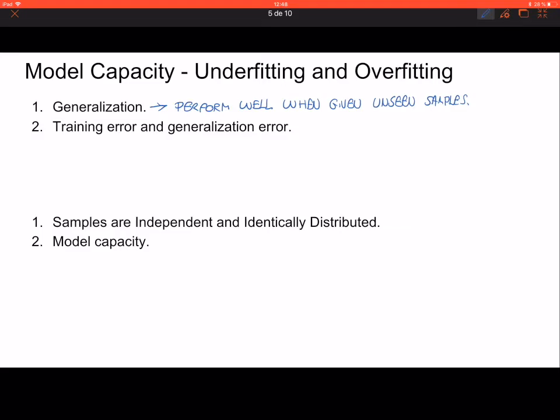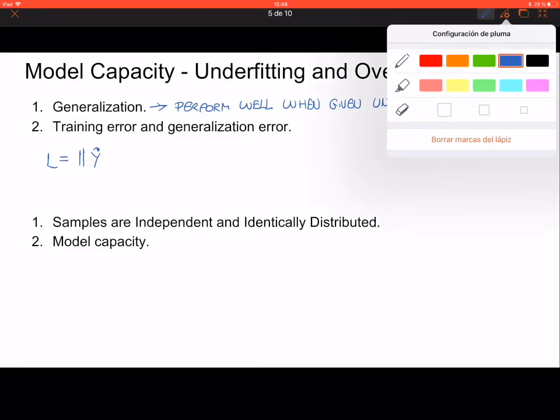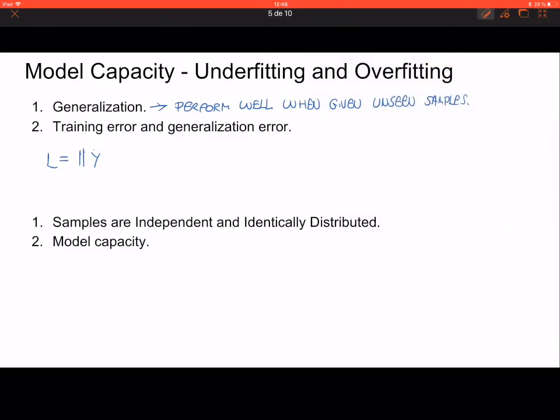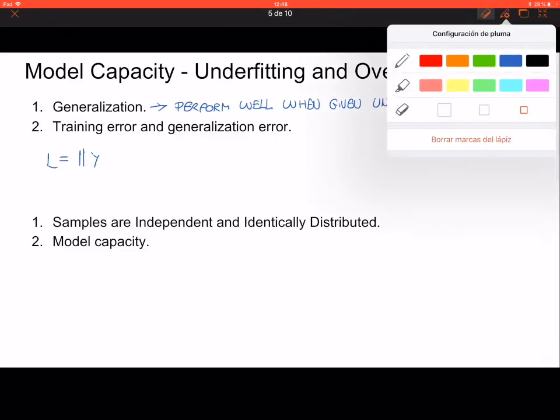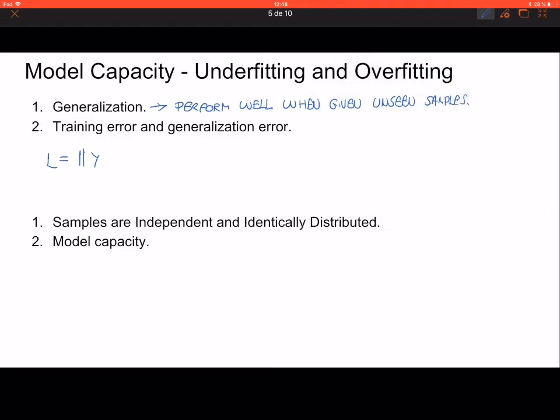But in practice, we're training our model using the training error. From previous lectures, we know that the loss is essentially y, the true label, so y of our training set, minus the prediction that we make, and we take the second norm of this.